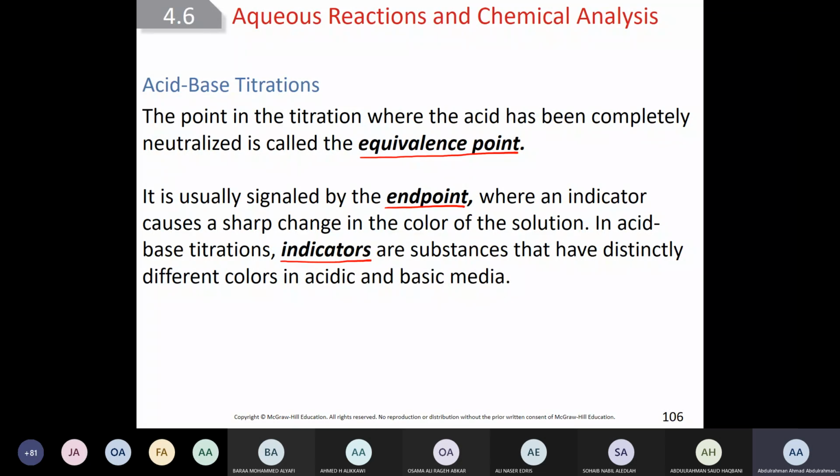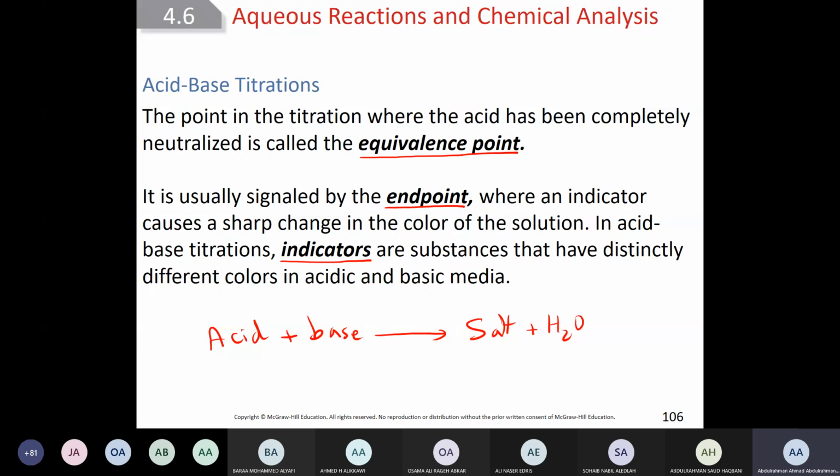This is the acid plus base to give salt and water.